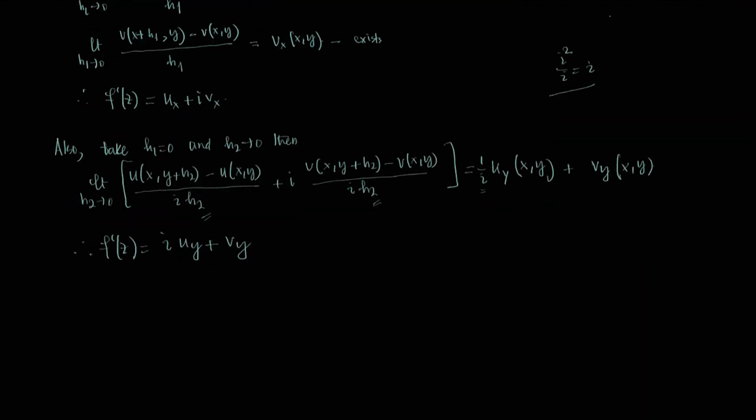Since f is differentiable at z0, along every path the derivative value is going to be the same. Therefore ux plus I vx should be equal to vy plus I uy.